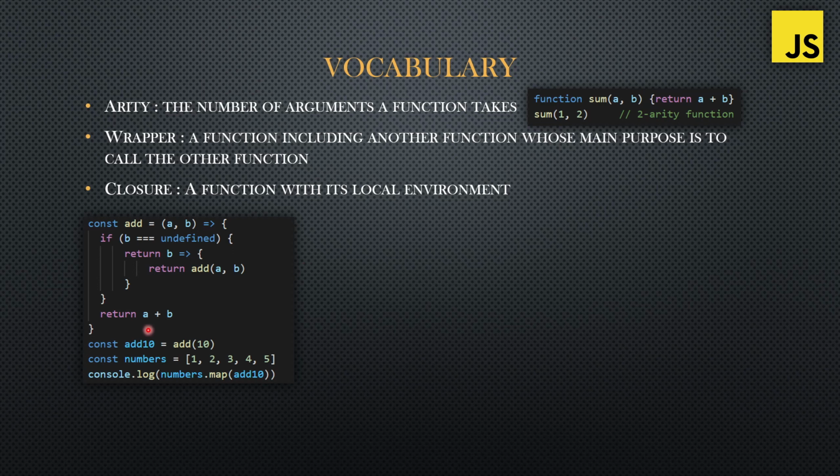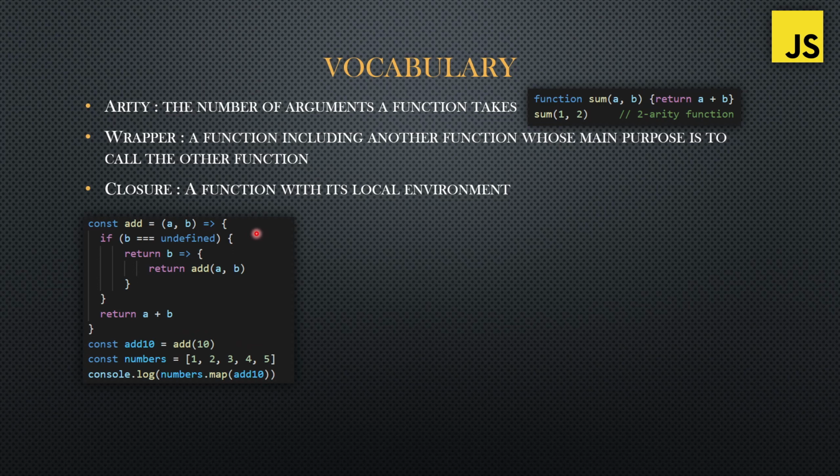Here we have a variable add10, which is equal to the function add, passing the first argument as 10. Then we have a variable nums, which is an array. And then we are going to map each item of the array and call the function add10, because it's a variable which is equal to a function.